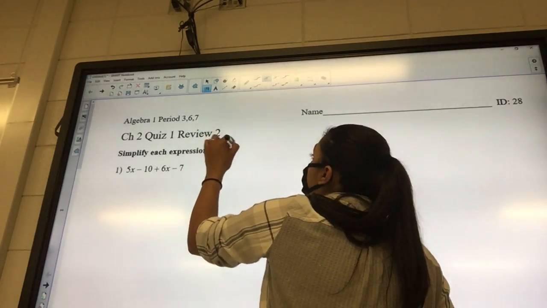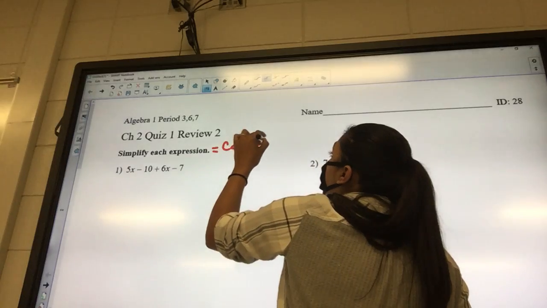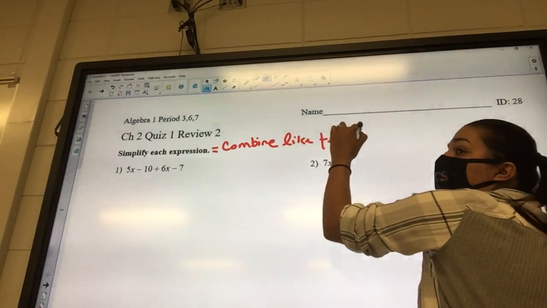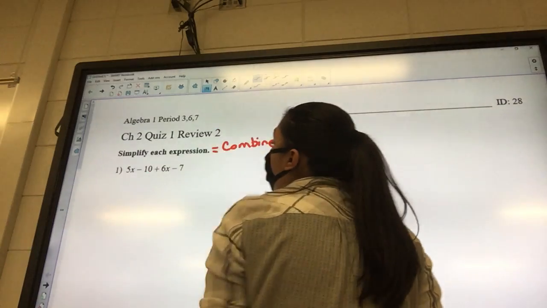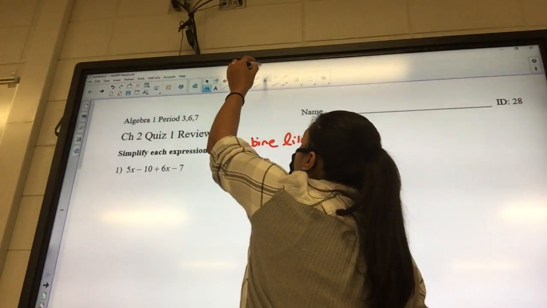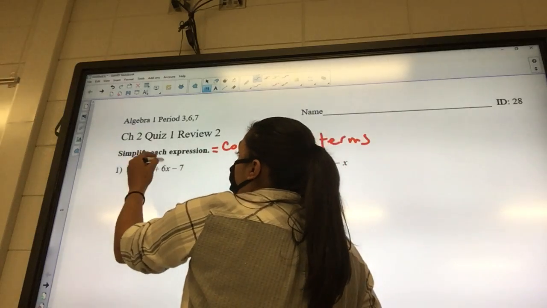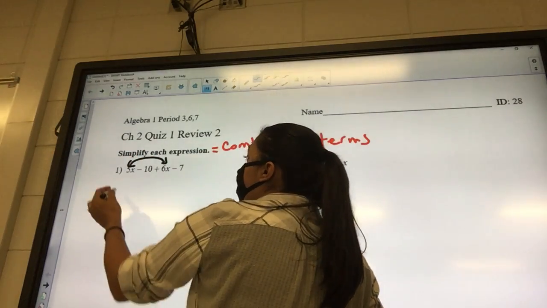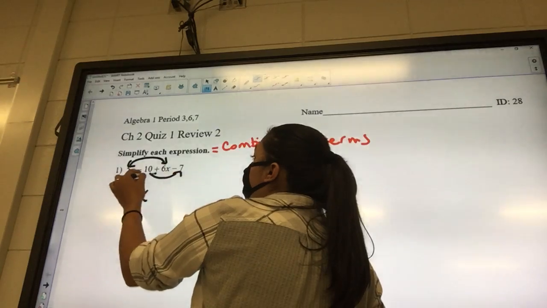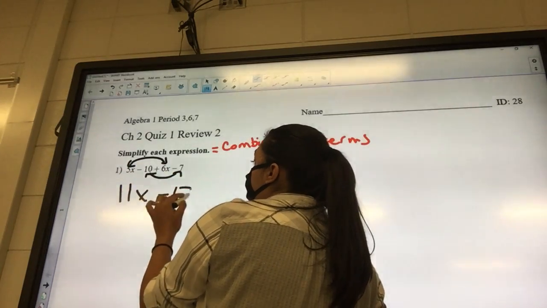So what can we put together? The 5x and the 6x give me 11x. The 10 and the 7 together give me negative 17.